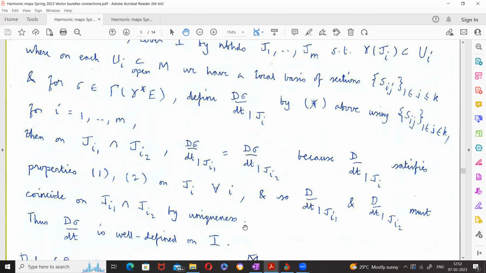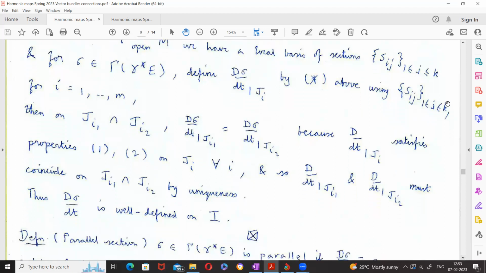Okay. Right, if it satisfies properties 1 and 2 of the covariant derivative, then we know it's unique. So on the intersection of these two intervals, these two have to agree because they satisfy properties 1 and 2. Okay, so by uniqueness they are equal. So we get that d sigma dt will be well defined on the whole interval I. Okay, so that proves existence.